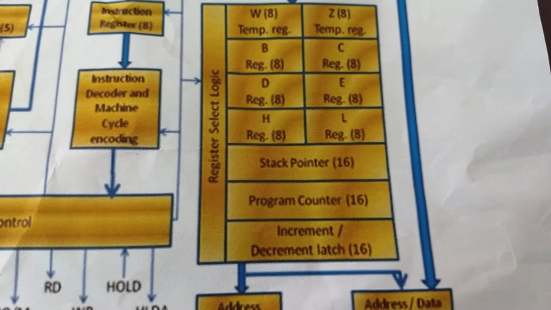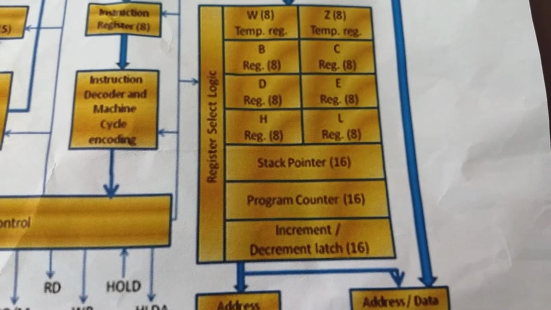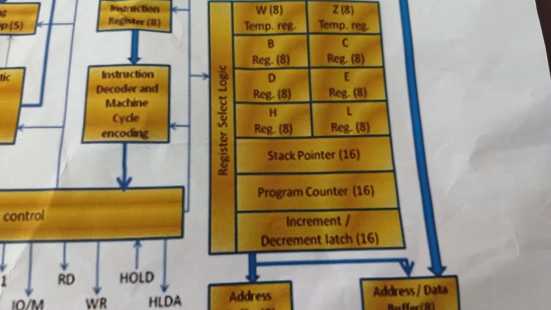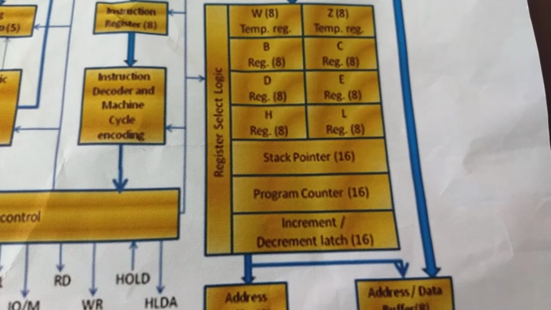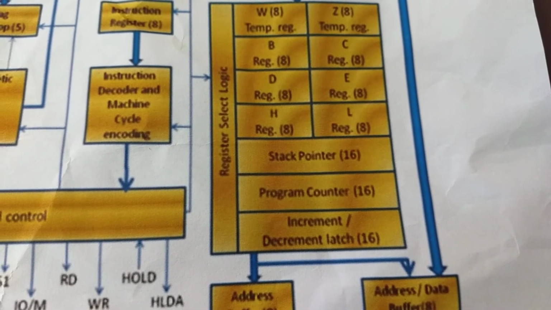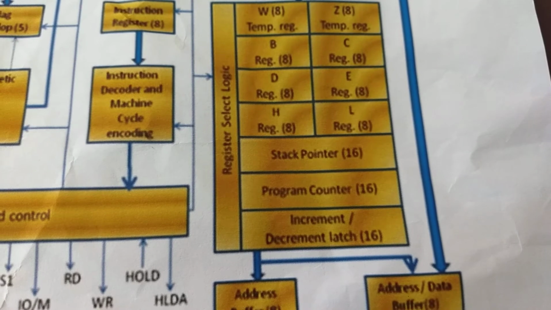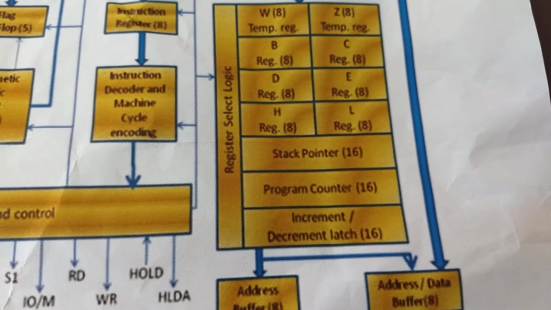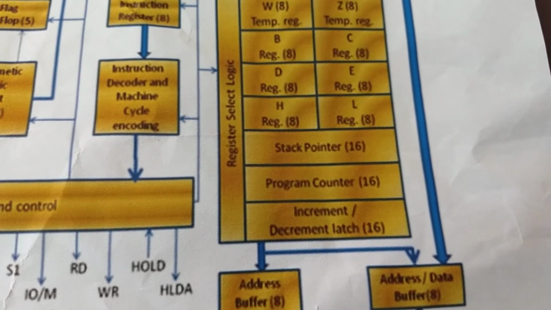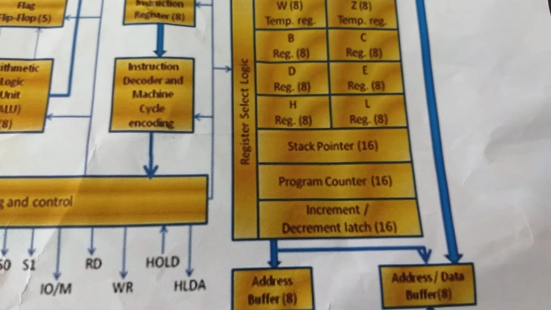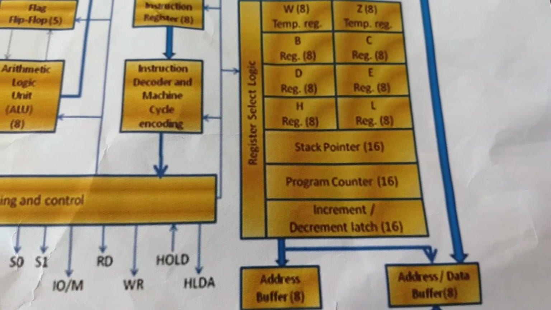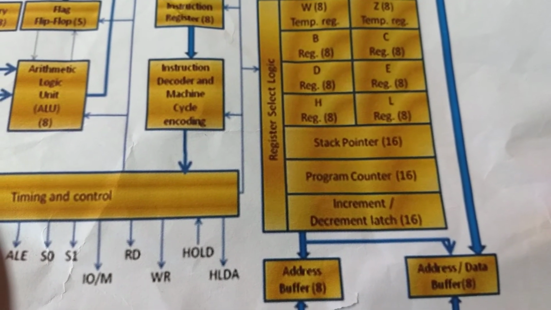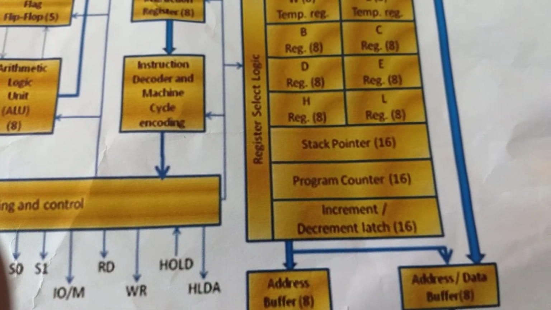So we can use W and Z separately, and sometimes if we want to work on 16-bit data, we can pair registers like BC, DE and HL. If we join the BC register, then a 16-bit operation can be performed. Sometimes, like in multiplication where the data is very long, we can pair them. Once we understand the programming, you will get more clarity on this architecture.